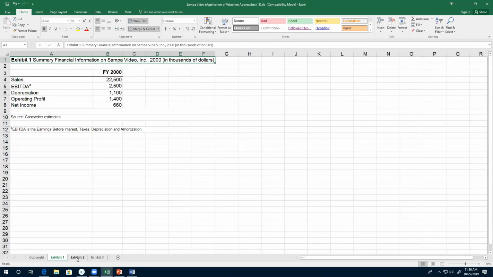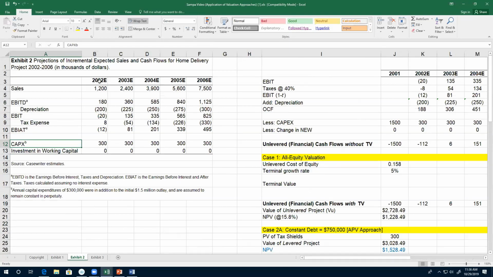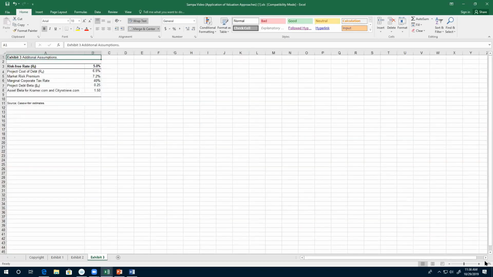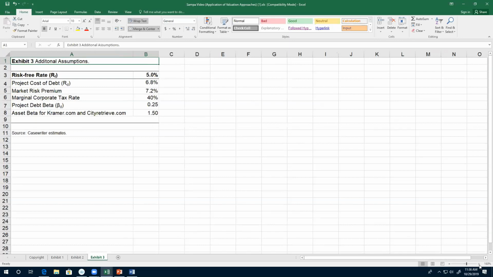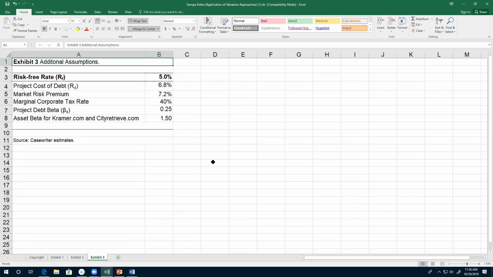This is where the firm is today. And then in 2001, they're making this investment. They have some forecast for 2002, 3, 4, 5, and 6. And then one other piece of information given to you is the risk-free rate, the cost of debt, the cost of equity, market risk premium, asset beta, and all that.